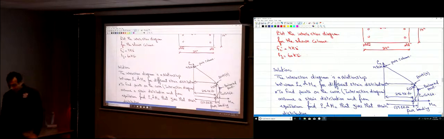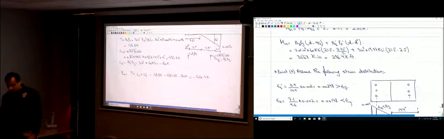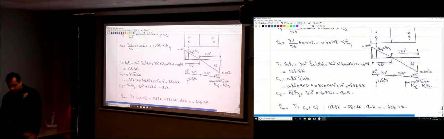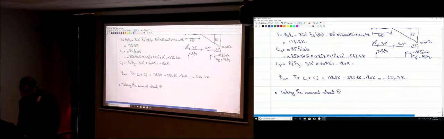Exactly as we did for the balance point, we just take the summation of the moments about a point, okay? So we take the summation of the moments about the tensile steel. We have each force.